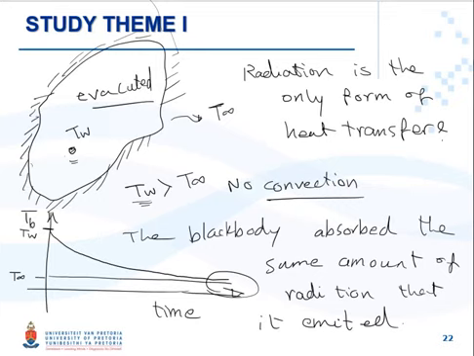Maybe you say that no, the black body did not absorb the same amount of radiation that it emitted. It's like a statement, so we should be able to prove that.